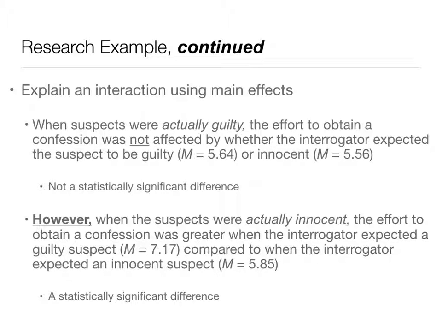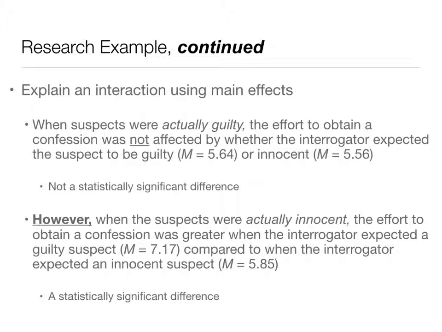And you need to make sure that you're talking about all of the conditions. In this case, there were 4 conditions, and showing that juxtaposition in some way, with some sort of caveat statement. So however, but, again, a semicolon could work. Something that's putting these two things opposed from each other.